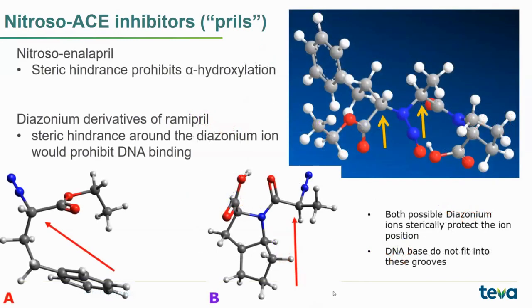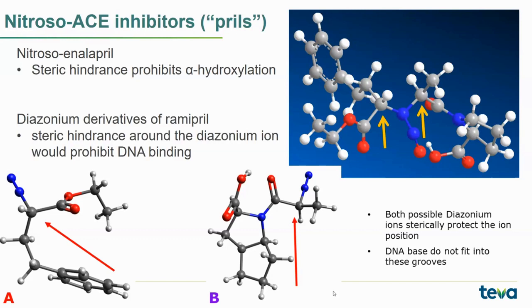Just looking at the three-dimensional structure of an example, the nitrosoenalapril here on top, we see that the alpha positions are extremely sterically hindered. Access to them in order to undergo alpha hydroxylation is very, very difficult. And naturally, quantum chemical calculations showed that it would be very improbable that hydroxylation would occur at either of the alpha positions.